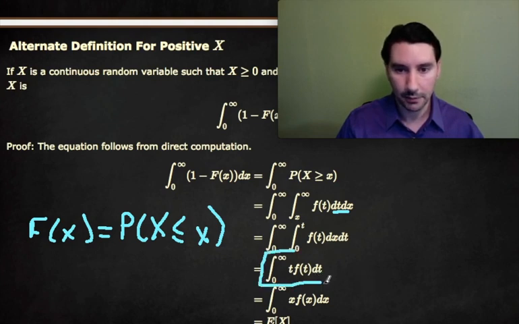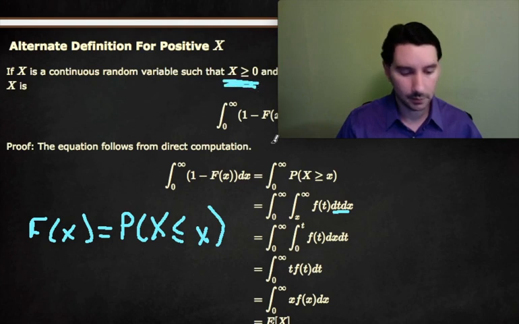So we have the integral from 0 to infinity of t f(t) dt, which, if you wanted to rewrite this in the more familiar way, you could write as x f(x) dx, integrated from 0 to infinity. But we've assumed that X is always bigger than or equal to 0, so f(x) is 0 from negative infinity to 0, and therefore that gives us just the expected value of X.